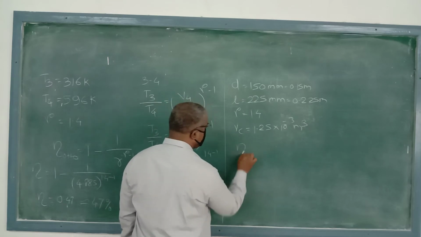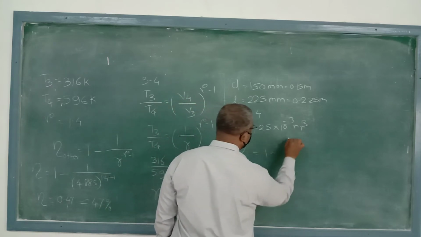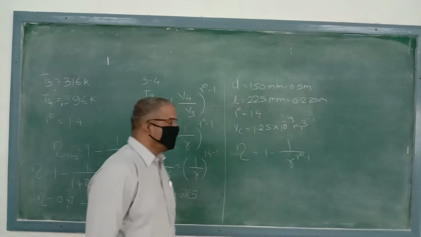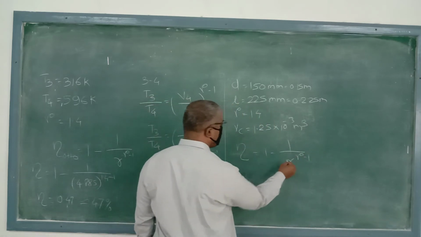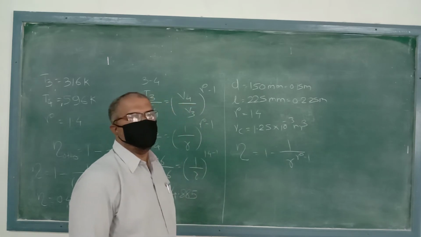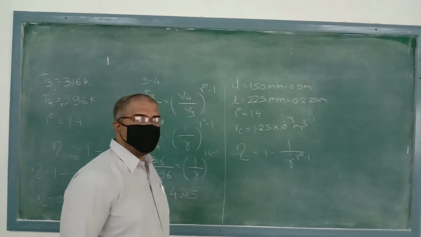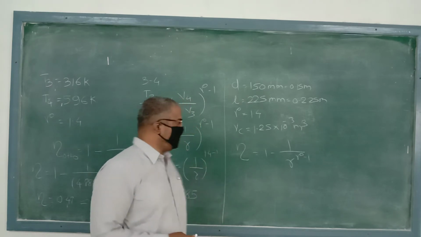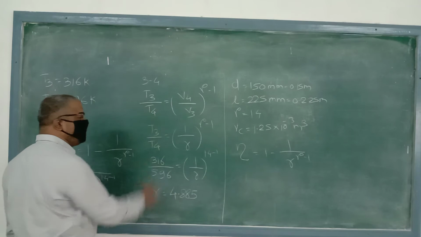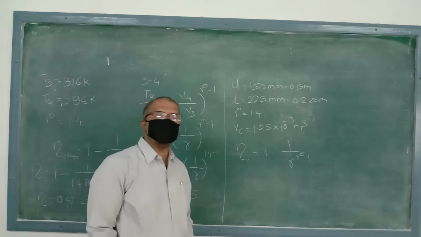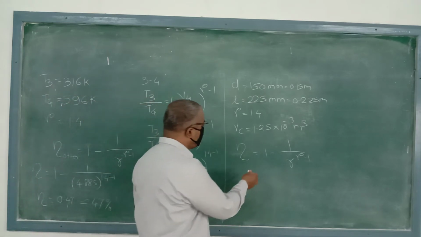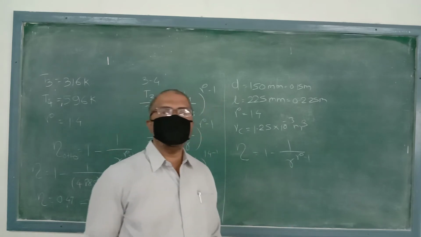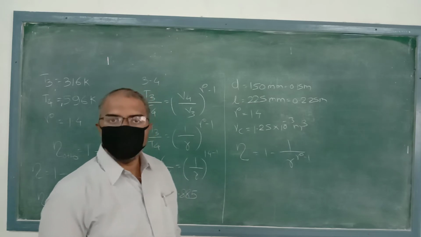Now in this problem, again our efficiency formula is 1 minus 1 upon r raised to gamma minus 1. The value of gamma is given, the value of r is unknown. Now we have to calculate the value of compression ratio. In the previous case we took the temperature-volume relation, but in this problem we are calculating r by taking the ratio of volumes.